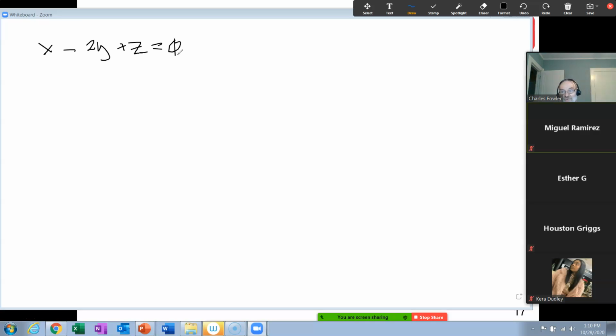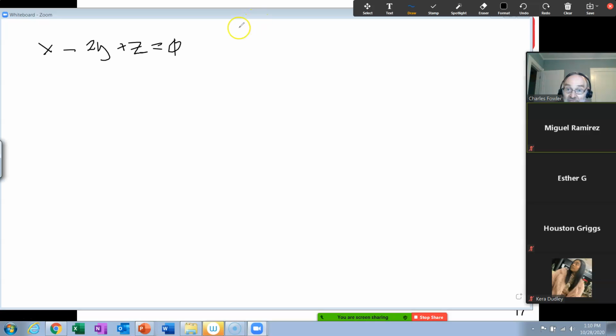Because when x equals 0, y equals 0, z equals 0, you get 0. So this plane has to go through the origin. If you had a non-zero constant there, then the odds are it wouldn't have gone through the origin, but this one did.